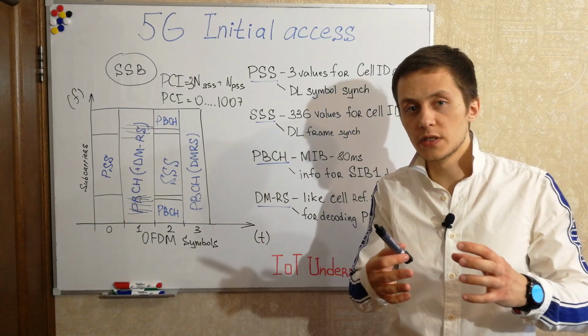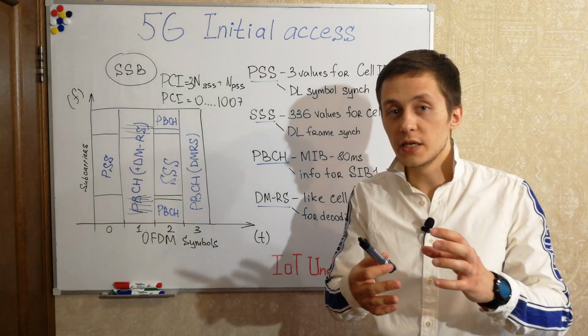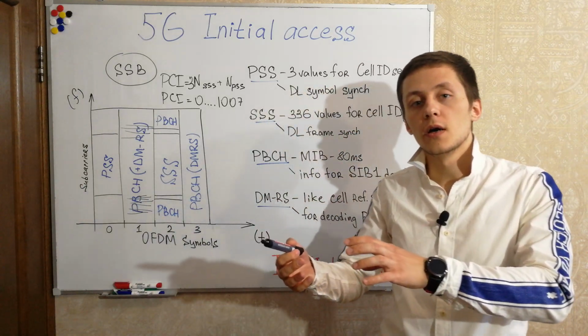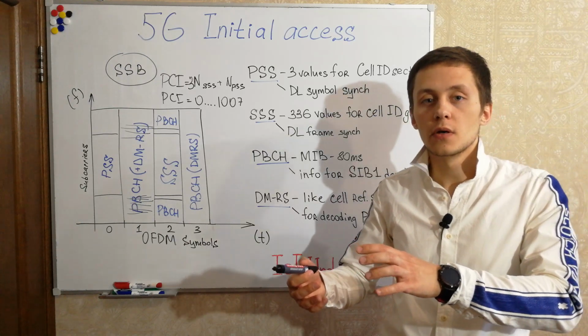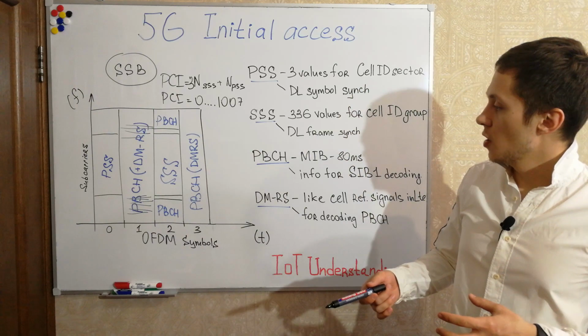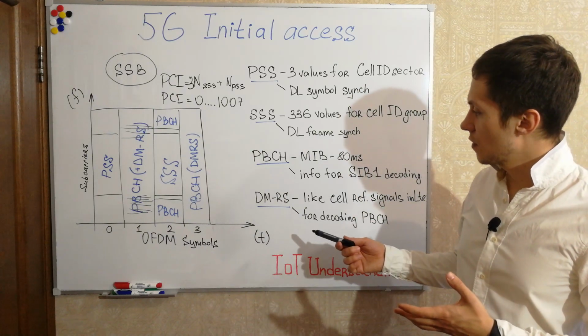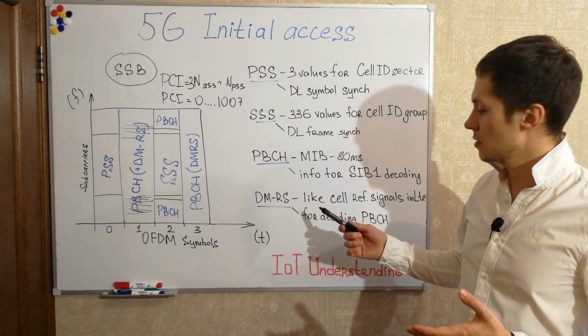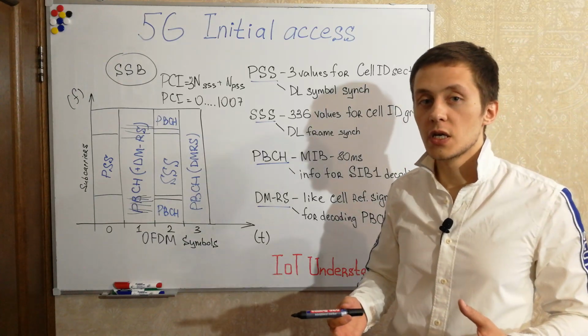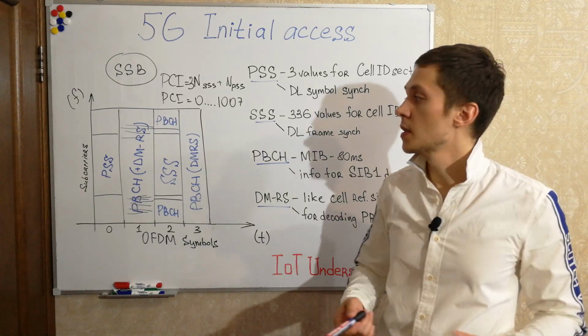In this case we can say that it is equal to defining the best beam for initial access procedures. So these reference signals are very important and perform many things in terms of beam sweeping.